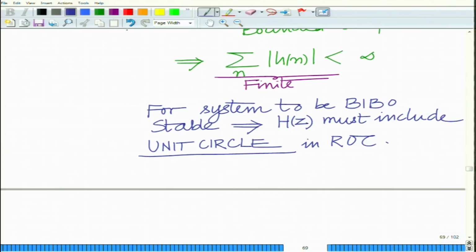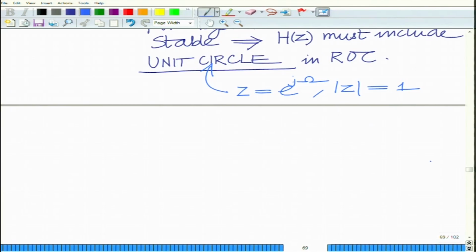Every z can be represented in polar coordinates as r e raised to j omega. If r, the magnitude of z, equals 1, then that corresponds to a z on the unit circle.